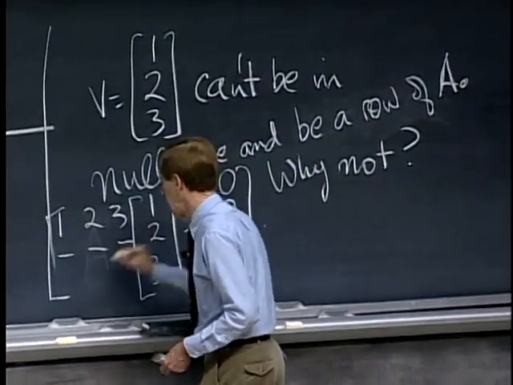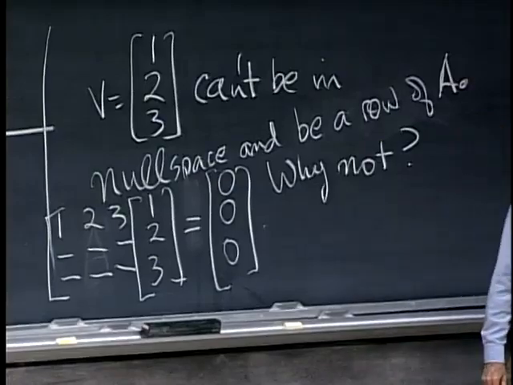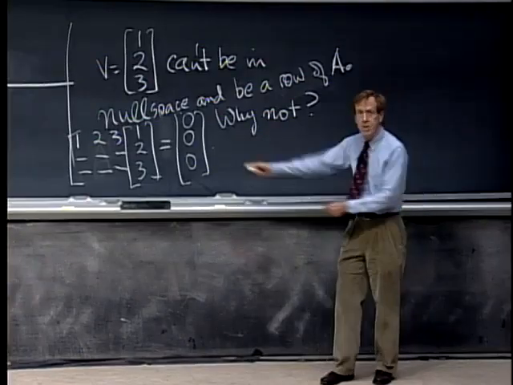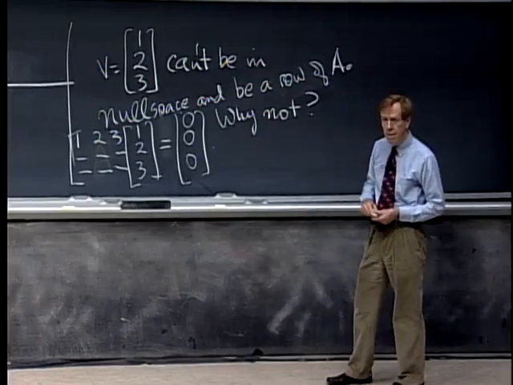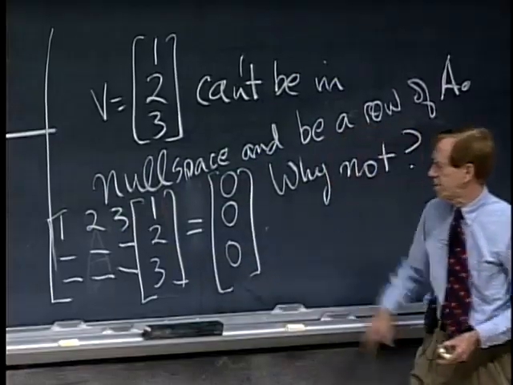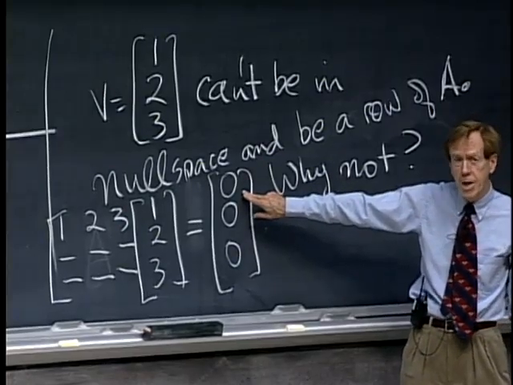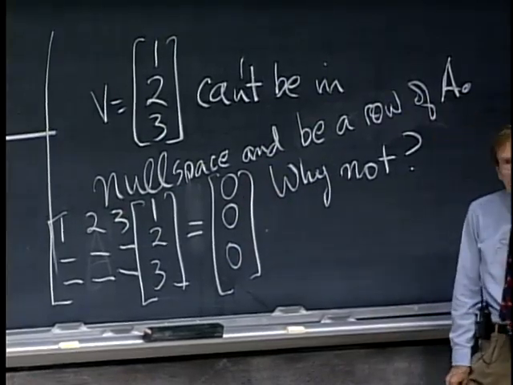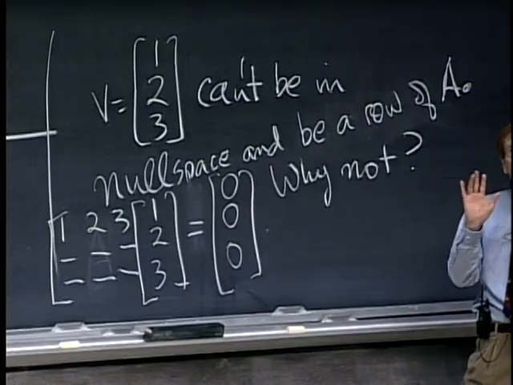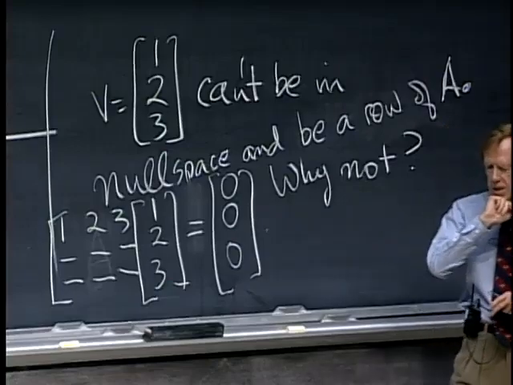I can fill out the matrix as I like. Why is that impossible? Well, you're seeing it's impossible, right? If that was a row of the matrix and in the null space, that number would not be 0, it would be 14.